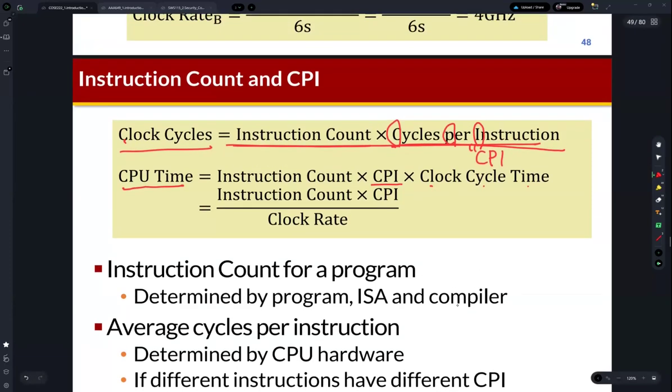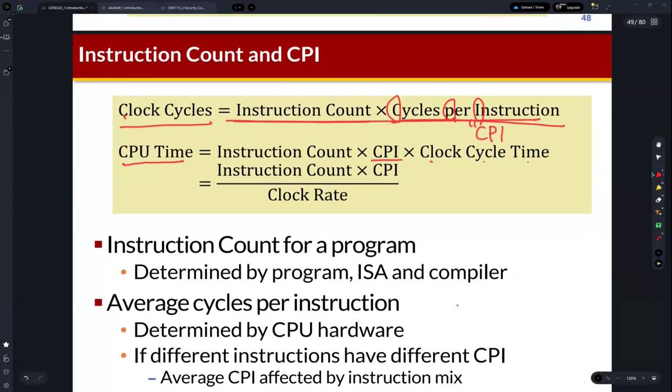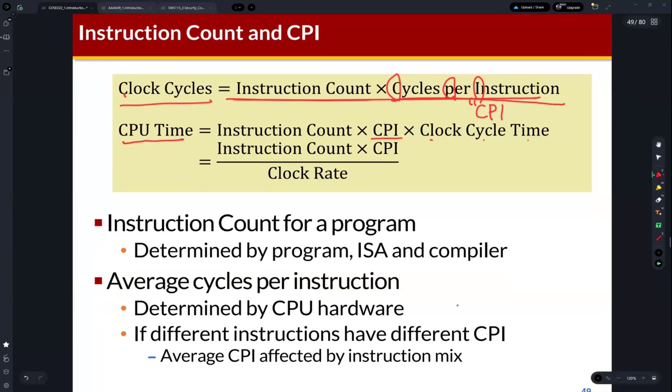I will explain the instruction count. Let us assume that this is application A, and application A needs to be compiled to be run on the computer system.